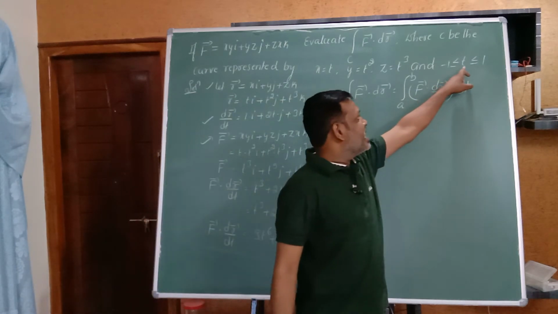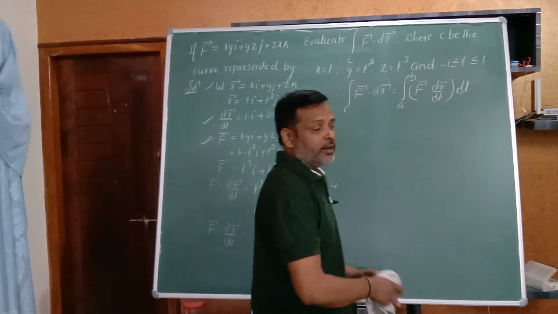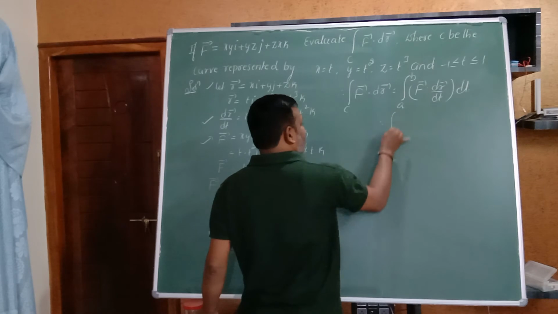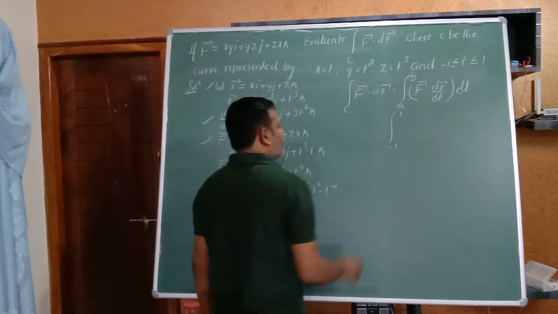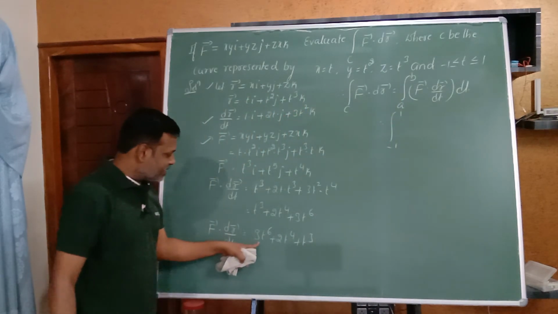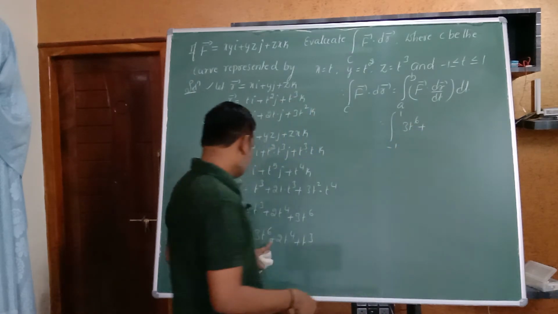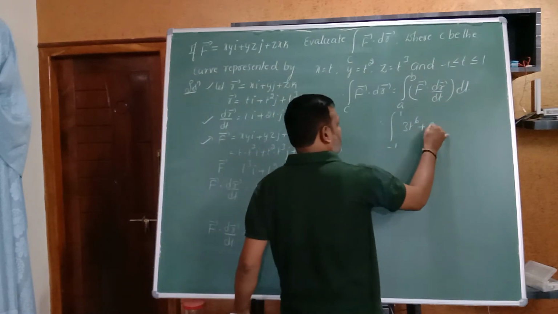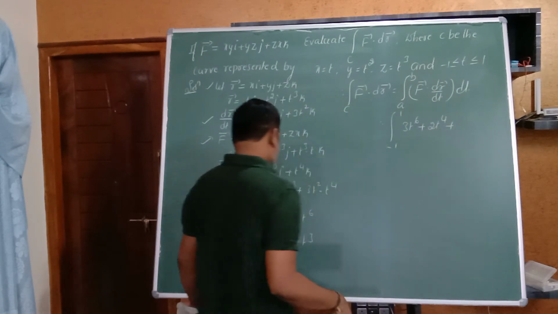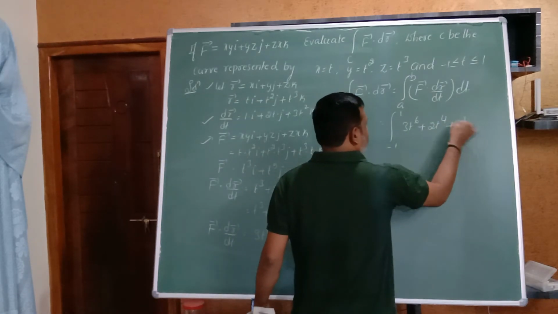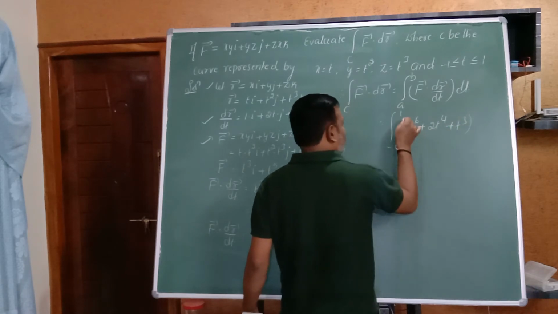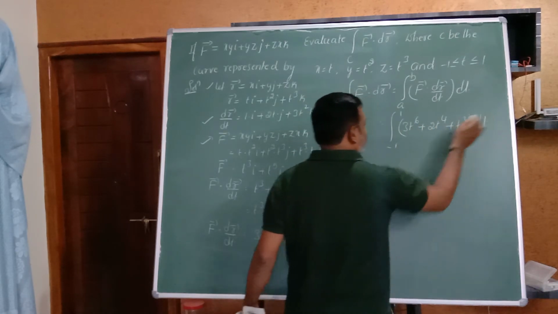Here t varies from -1 to 1. That is the limit. Integral from -1 to 1 of 3t power 6 plus 2t power 4 plus t cube, which is F dot dr by dt, into dt. Now it depends upon t.